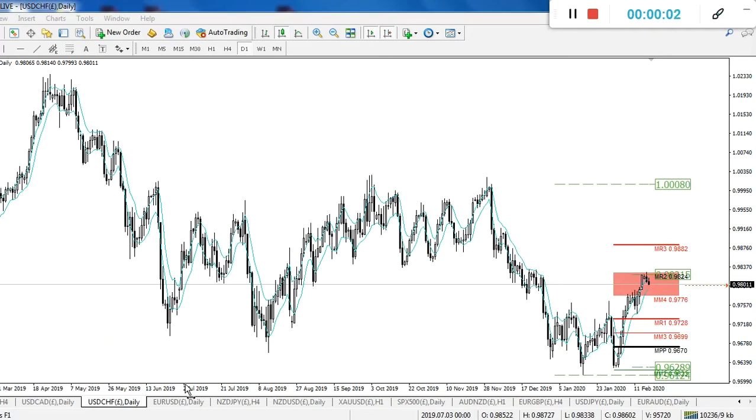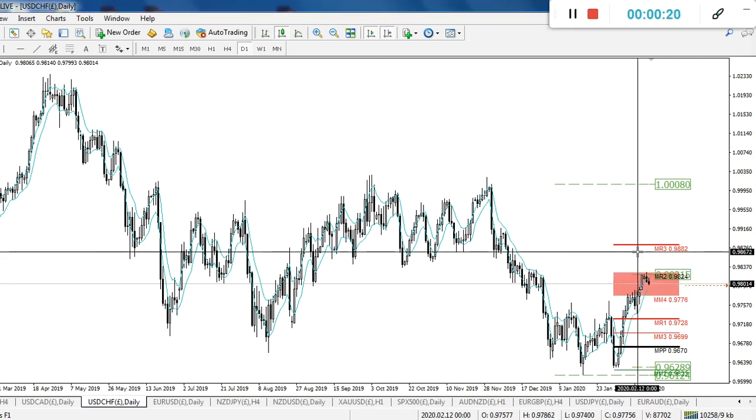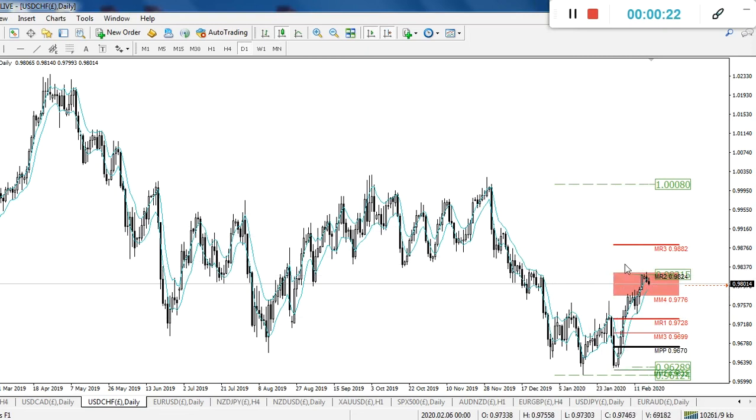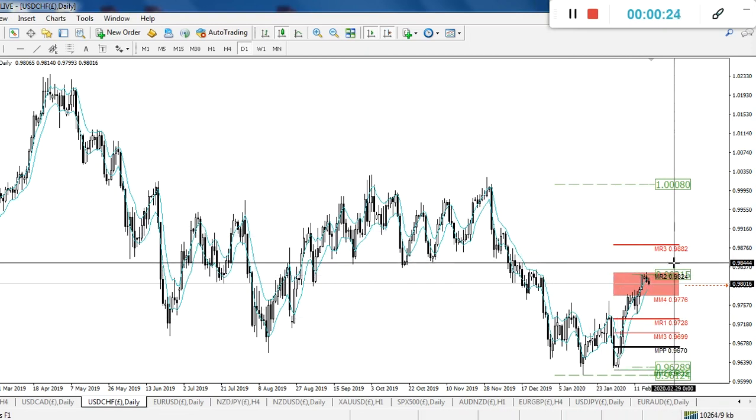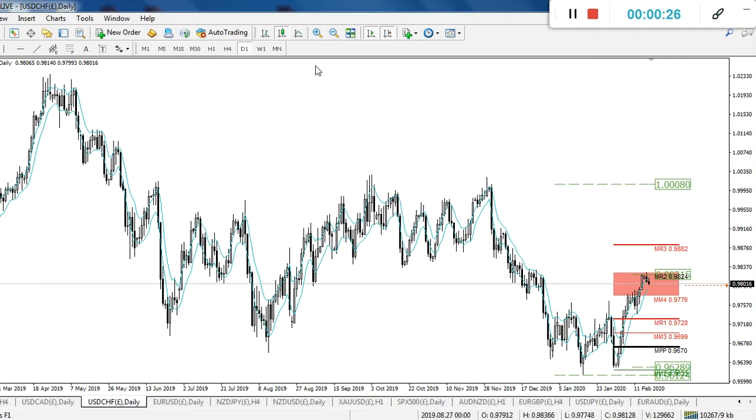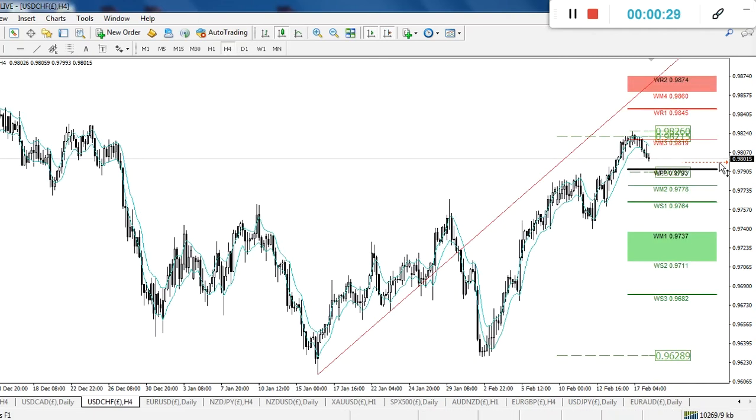The next currency is US dollar against Swiss franc. This is a daily chart, and as you can see, it is now retracing nicely. That's why I'm waiting to get onto the long side. It's been gaining strength, and I think it will go higher, at least to the next highs, but I'm waiting for it to retrace to around this area where the weekly pivot is.